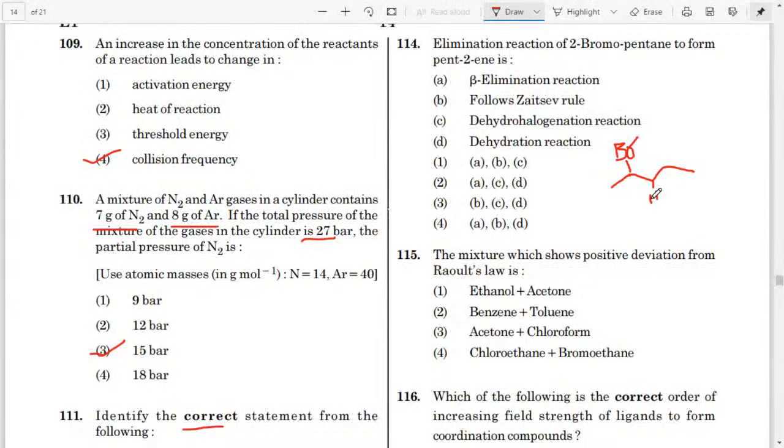So it is beta elimination reaction. Yes, it is beta elimination reaction.